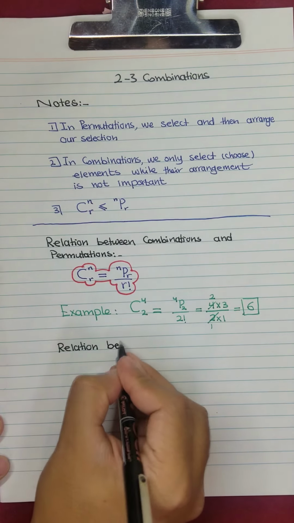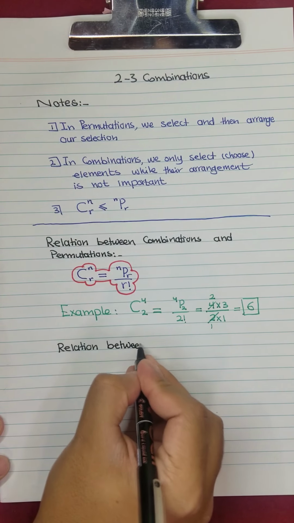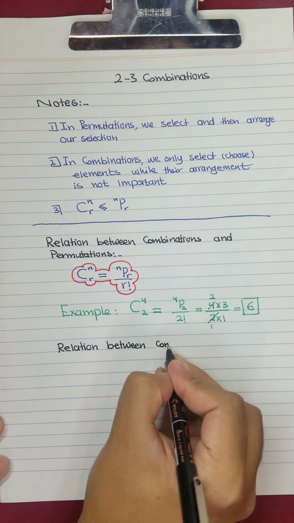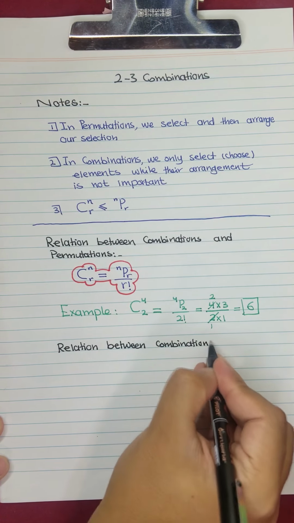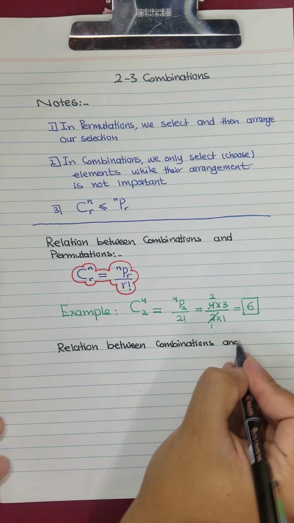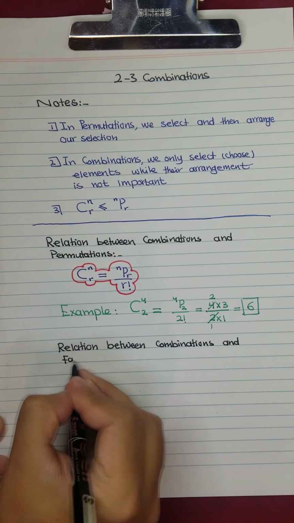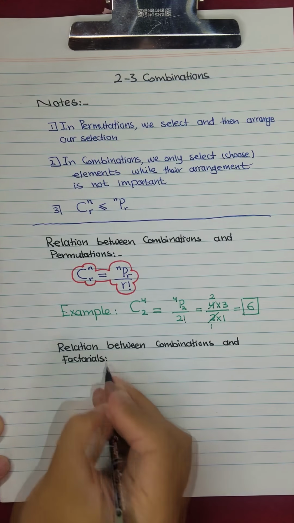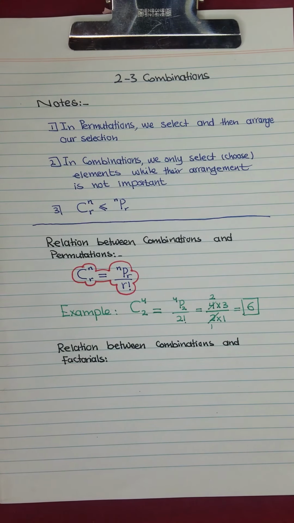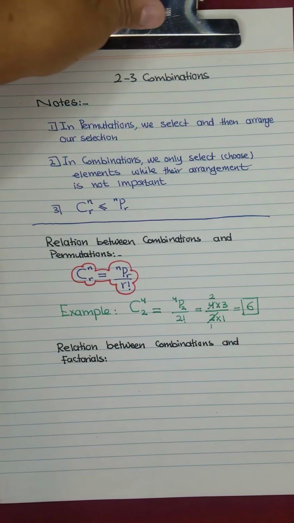Okay. Now the second thing that we need to investigate is the relation between combinations and factorials. In the previous lesson, we discussed the relationship between the permutation and the factorial.